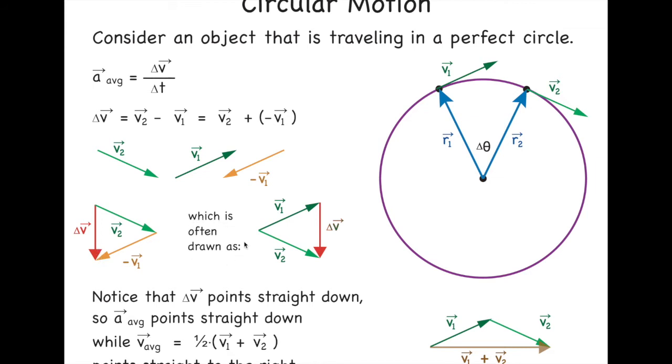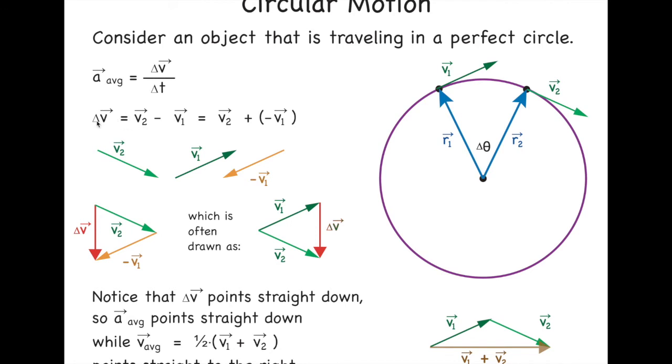Sometimes this is drawn this way with V1 pointing up, V2 pointing down, and delta V pointing from here to here. The way you can interpret this is if you go back to our original equation here, we wrote delta V is equal to V2 minus V1, and then we rearranged that to be V2 plus minus V1, which is what we drew here. But you could easily have rearranged this to say, let's bring this minus V1 to the other side, right?